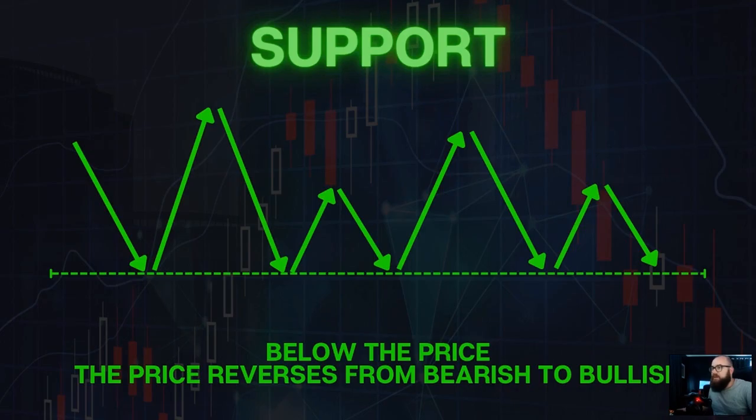So let's have a look at some examples. Support. You can see that dashed line across the screen. It's a support. It's below the price. It's keeping price up. And you'll see the arrows there that represent the price. Every time price comes down, it then goes back up. So the price is bearish, turns bullish.